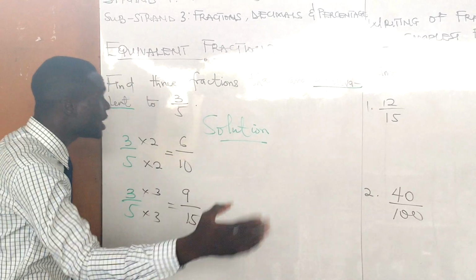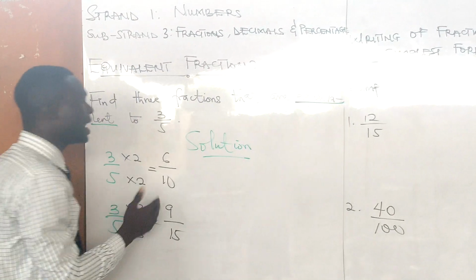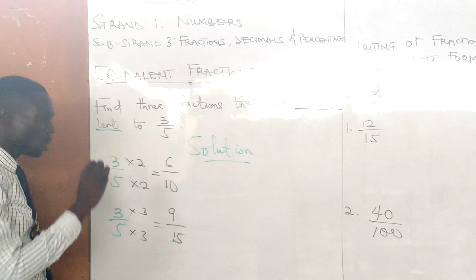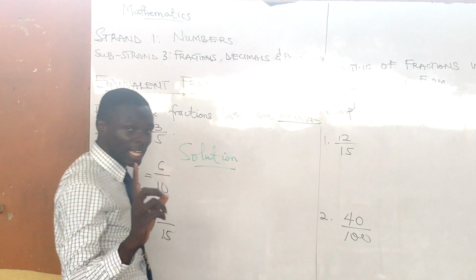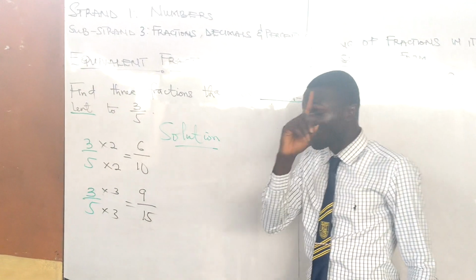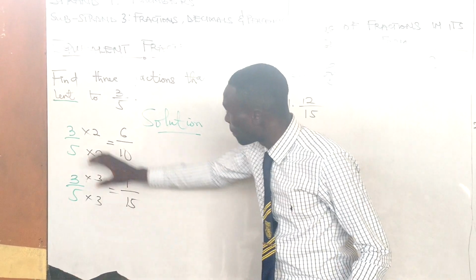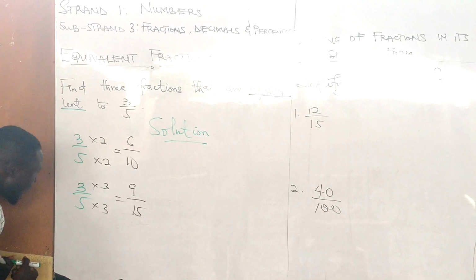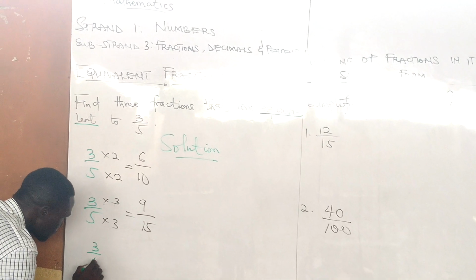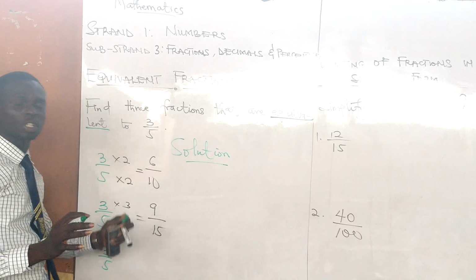I'm to find 3 fractions that are equivalent to this. So if I have 1, I have 2, then I'm left with 1, sorry. So I'll pick the same 3 over 5. Then multiply the 3 over 5 by any number of your choice.